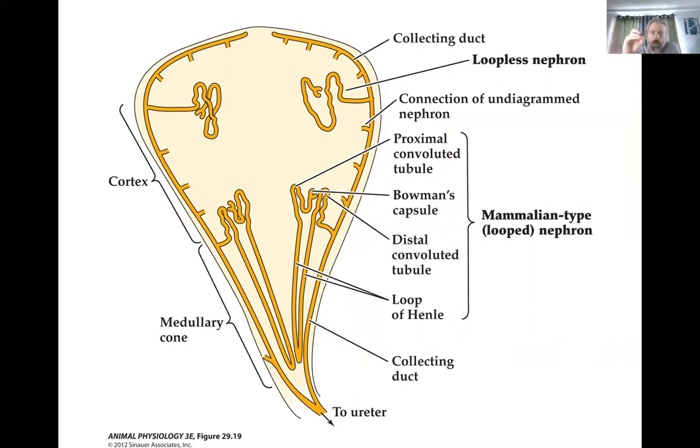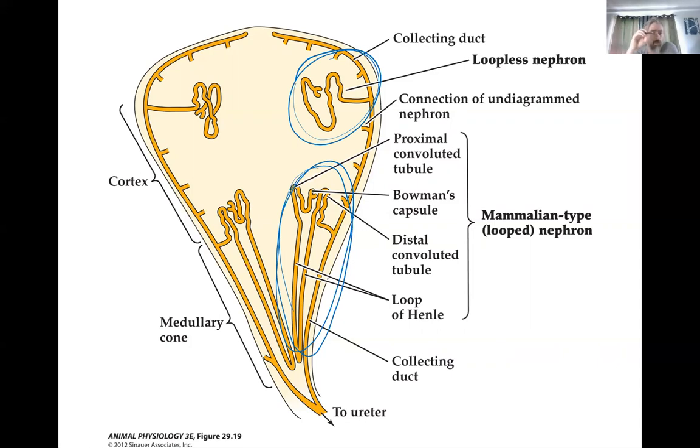They have a variety of different kinds of nephron. Some of these, like this guy right here, are what we call loopless nephrons. Some of them are mammalian type, ones with loops of Henle that can concentrate urine. They do both. One of the big things that's different here in terms of the kidney is where does the product go? Like other reptiles, they don't dump out into a bladder and then a urethra.